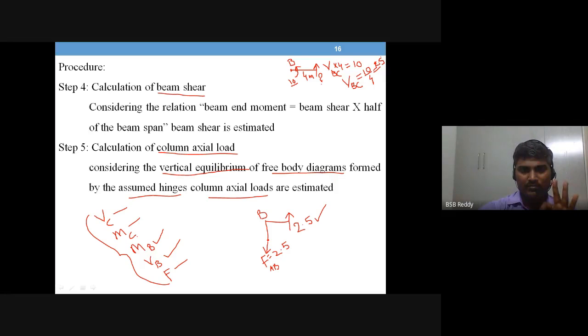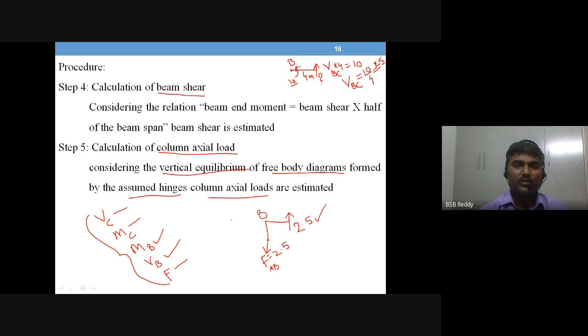So 3 in column and 2 in beam, total 5 quantities in a step by step procedure. Likewise, you have to estimate throughout the structure. So this is the clear cut procedure for estimating internal forces in indeterminate framed structures subjected to lateral loads only.